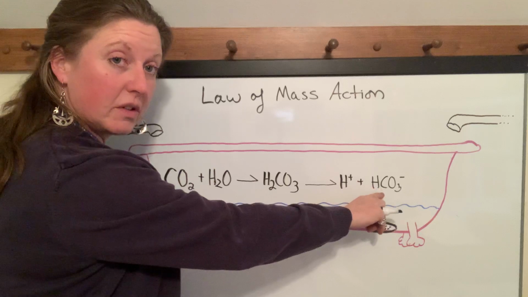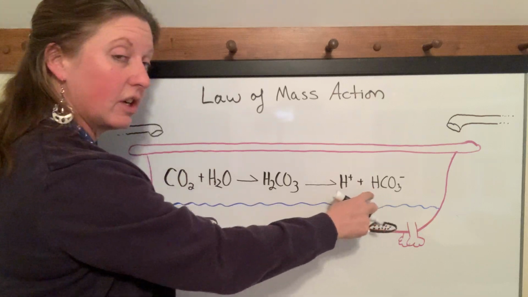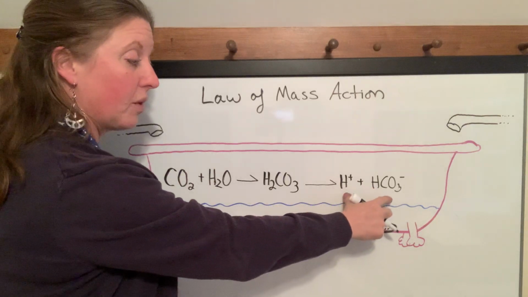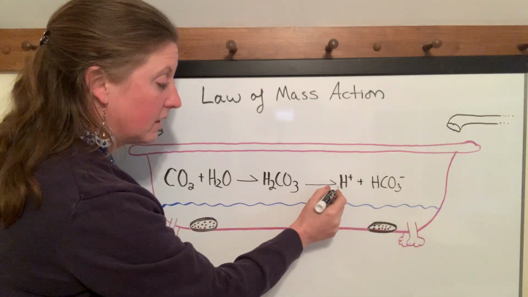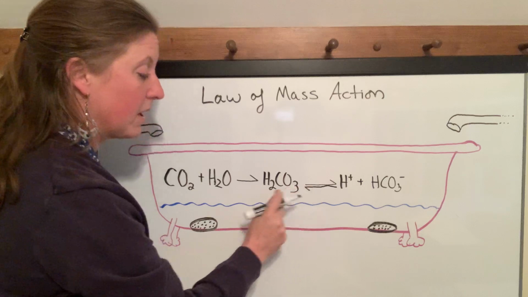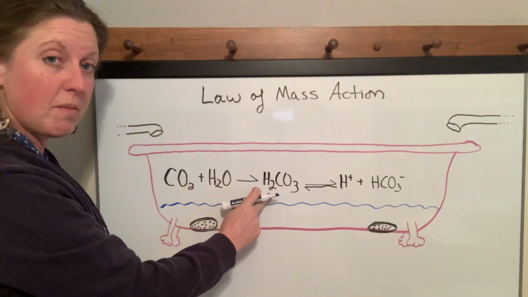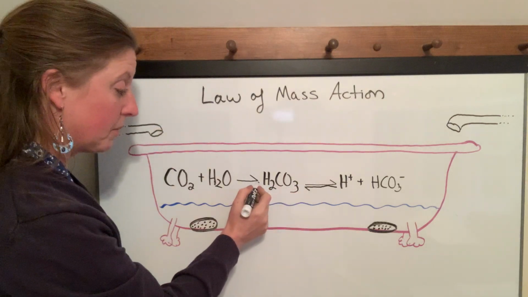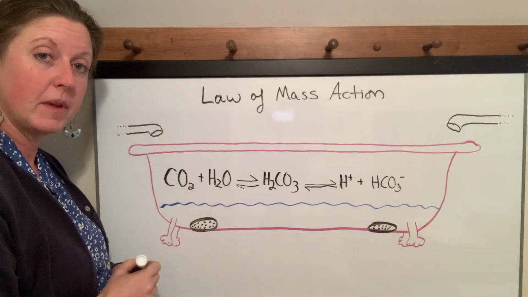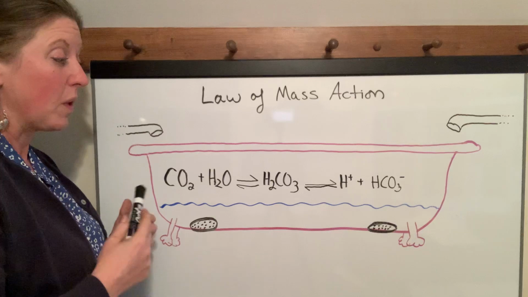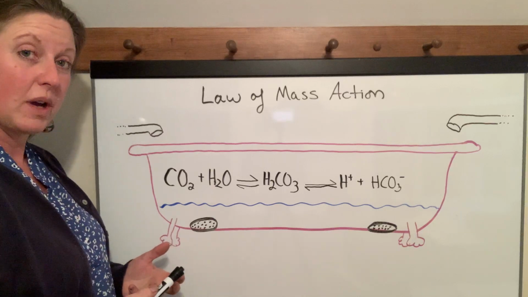Now, depending on the circumstances, this reaction can also go back the other way. So H+ and HCO3- can combine to form H2CO3, or carbonic acid, and that can split apart to form carbon dioxide and water.